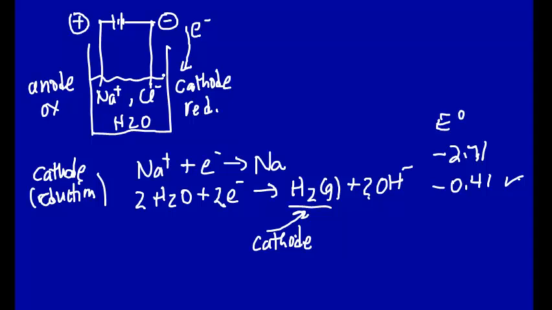So if we go back to our setup, our logic says that H2 gas will appear at the cathode, and O2 gas will appear here, and the sodium and chloride won't be affected. In fact, if we just have a sodium chloride solution, what we're doing is just oxidizing water. The sodium and the chloride don't really care.